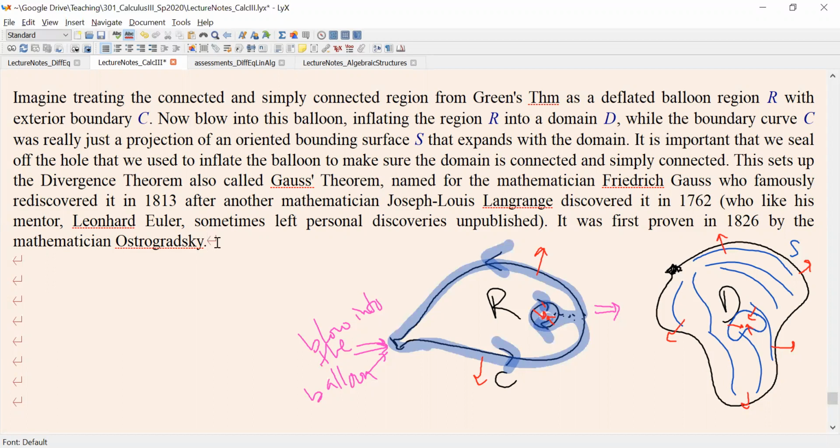And so Friedrich Gauss, a famous mathematician who was a savant at an early age, famously rediscovered this in 1813. And it wasn't until a Russian mathematician in 1826 that it was fully proven in its general form, Ostrogradsky.